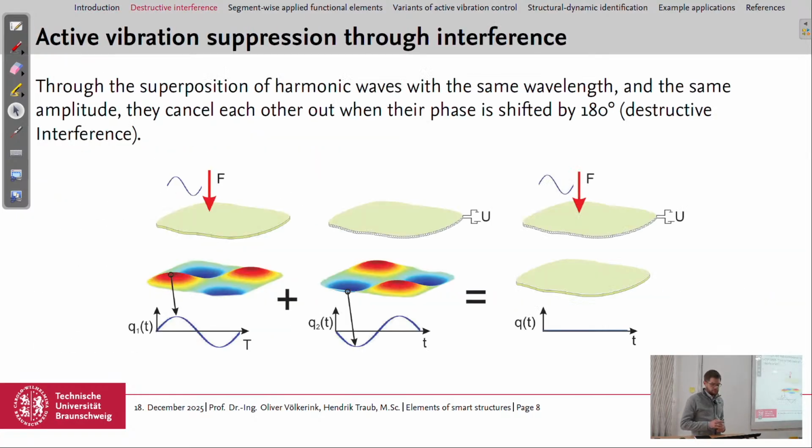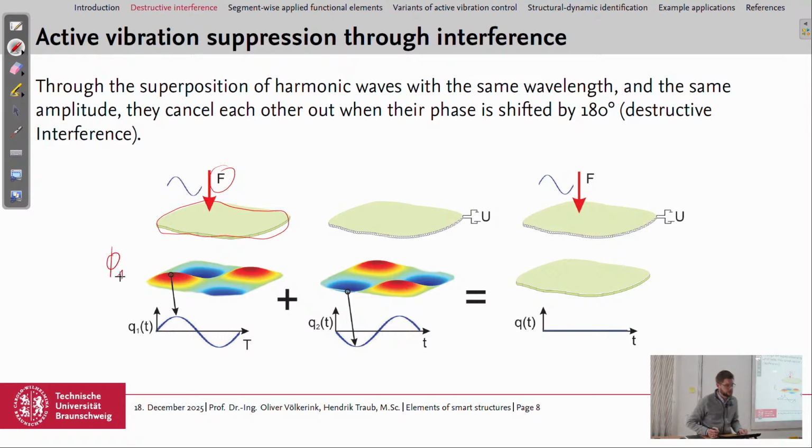So first we have a look at destructive interference. If we have an infinite, let's say, plate-like structure like this, and we have an excitation F on it, then the structure will vibrate in a certain mode shape. We'll write this again. In a certain mode shape.